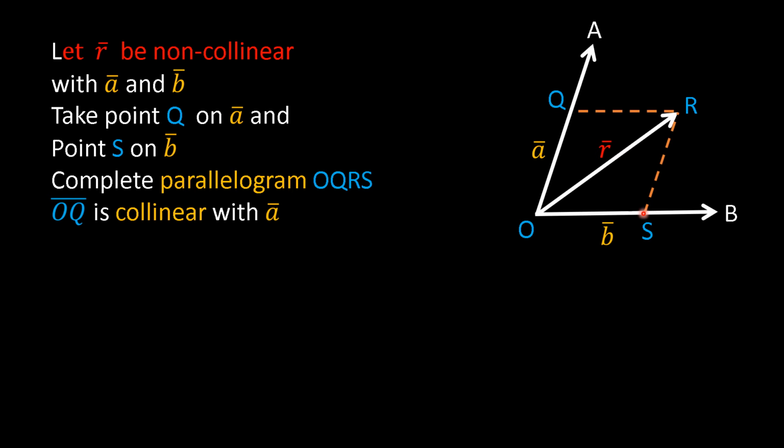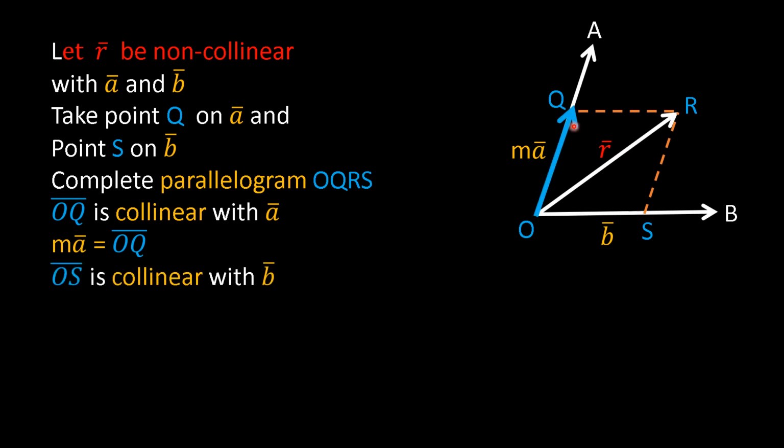Now OQ bar is collinear with a bar. Therefore we can write m a bar equals OQ bar. Similarly, OS bar is collinear with b bar, so we write n b bar equals OS bar.